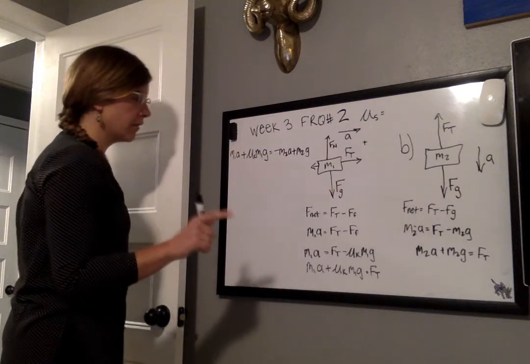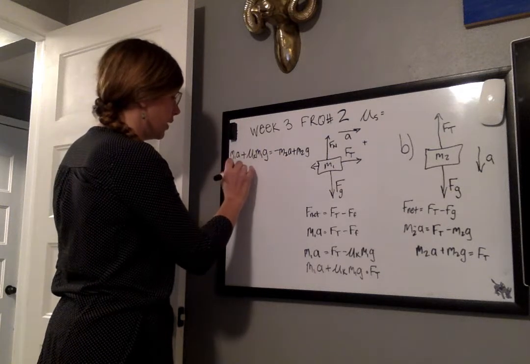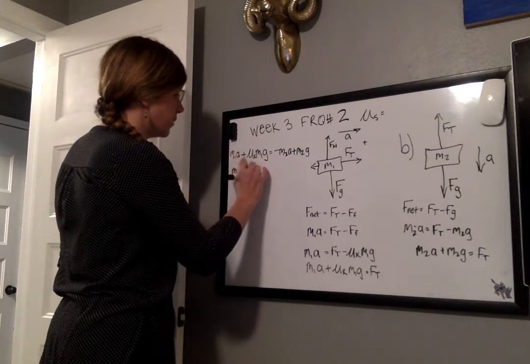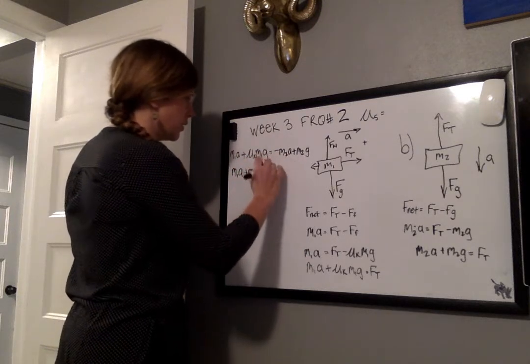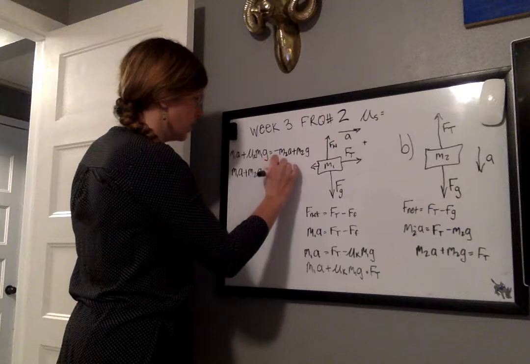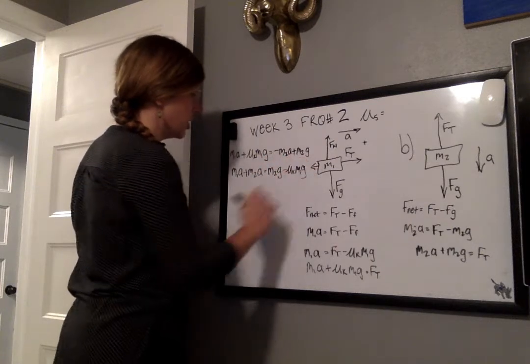Okay, again, we're solving for acceleration, so I want to put all the like terms together. So now I have m1a plus m2a, and put all the g's on the other side, is equal to m2g minus coefficient of friction, m1g.